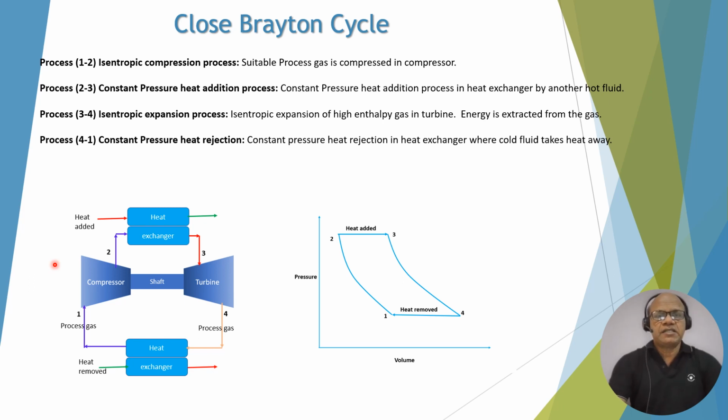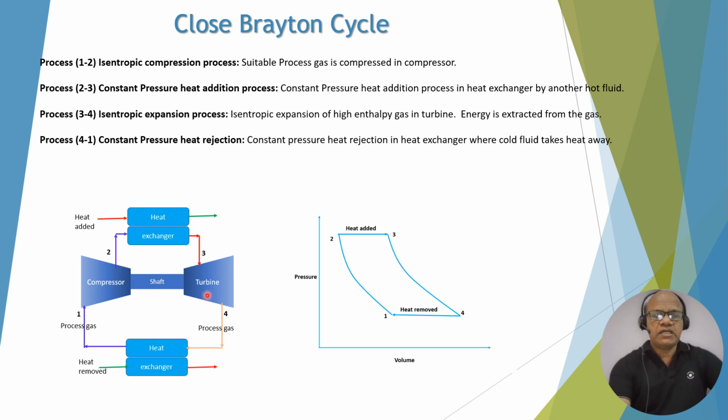Then process 2 and 3, you can see here the constant pressure heat addition to the process. So hot fluid is transferring heat to this process fluid in this process. And process 3 and 4 is the expansion in the turbine, which is an isentropic process.